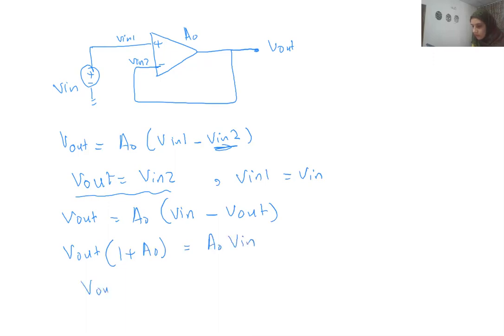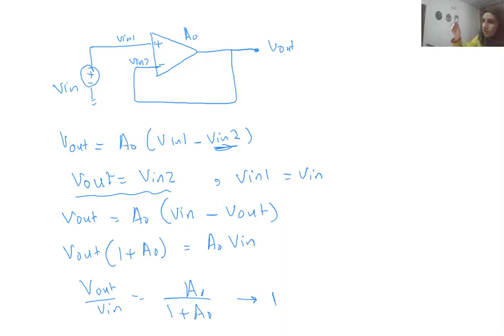So V out over Vn equals A0 divided by 1 plus A0. And when A0 is very, very large, this term approaches 1. So this circuit is basically acting as a voltage buffer, as you can see.